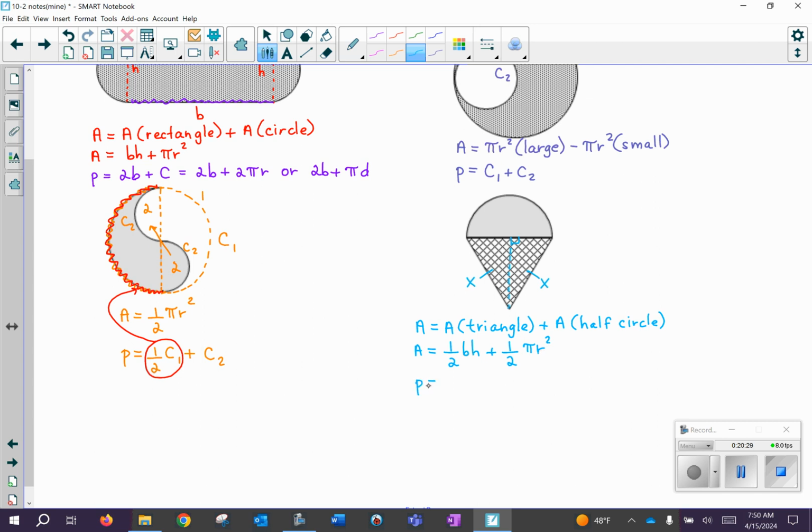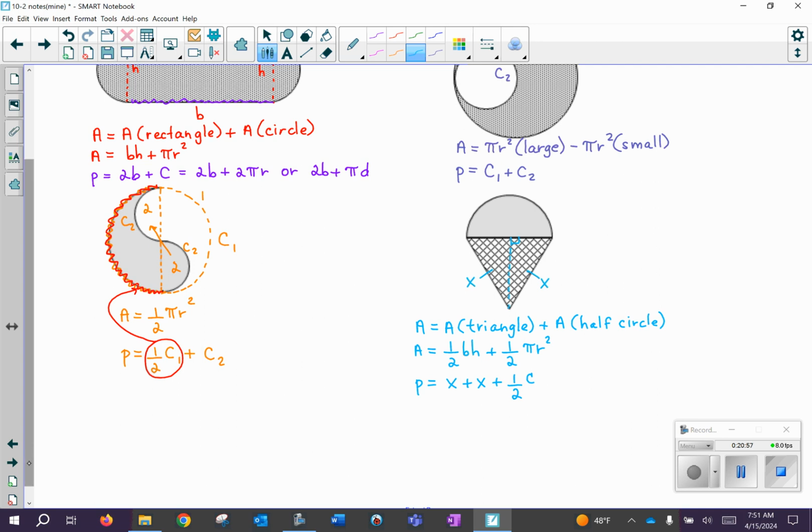Perimeter. If you're going around the total outside shape, if we started here and traced, you'd be saying x plus this is circumference, of half of a circle. So you'd be saying x plus 1/2 of capital C for the circumference of the circle.